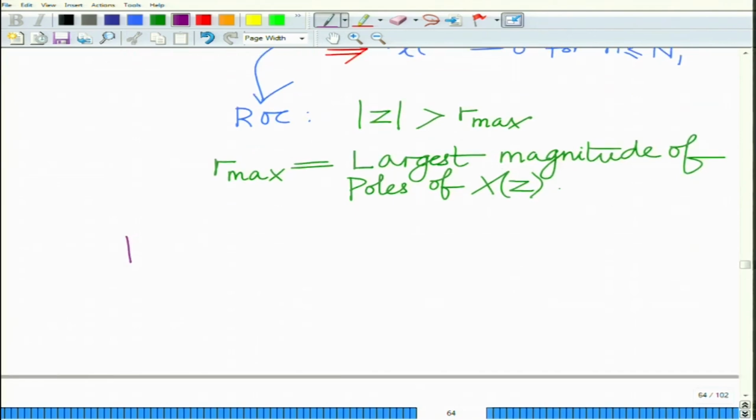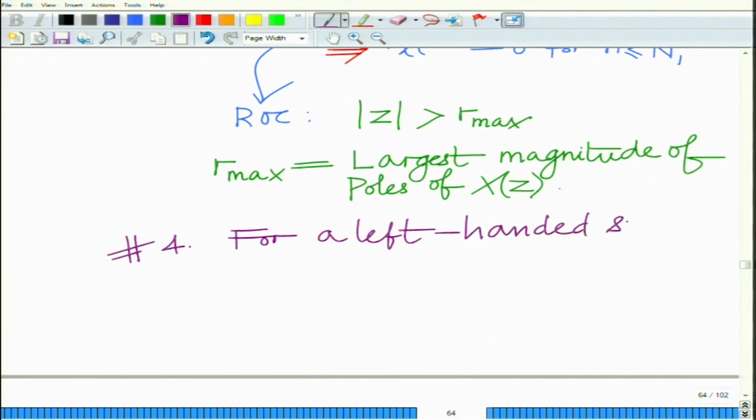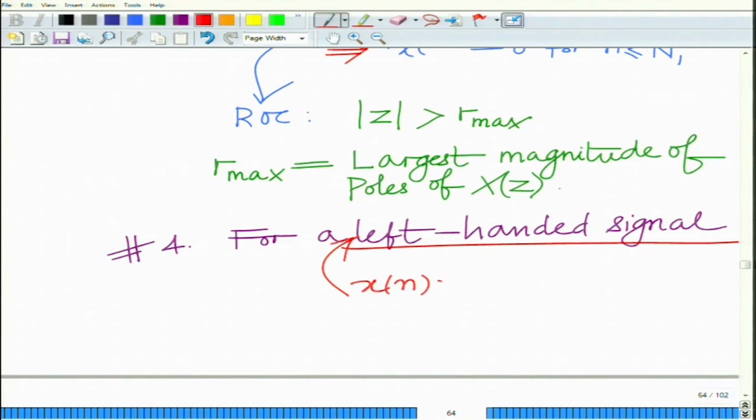Now, similarly for a left handed signal. Now what is a left handed signal? Once again, a left handed signal is if there exists an n2 such that x[n] equals 0 for n greater than or equal to n2.